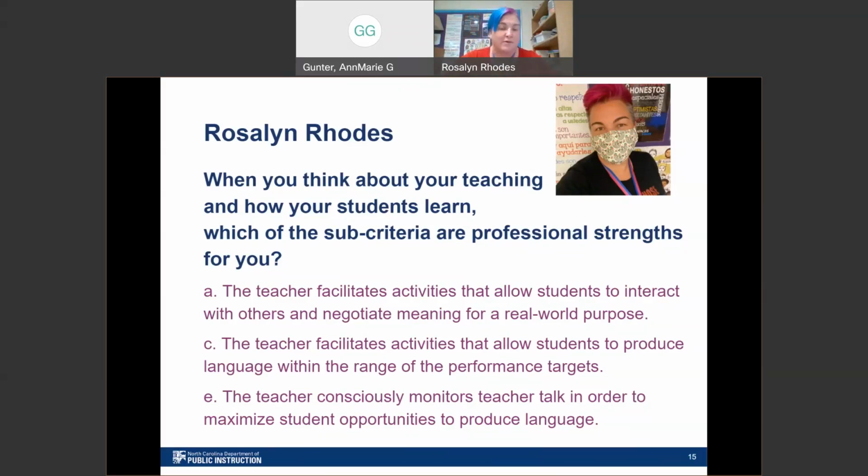So as we move backwards, we're going to look at producing language within the range of the performance targets. I teach baby novice speakers for 5 out of the 6 classes that I teach, and even some of my heritage speakers are more novice in some of their areas.